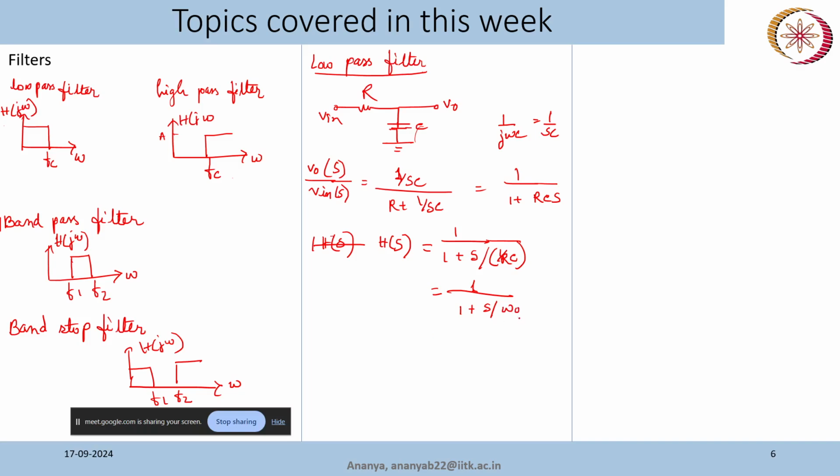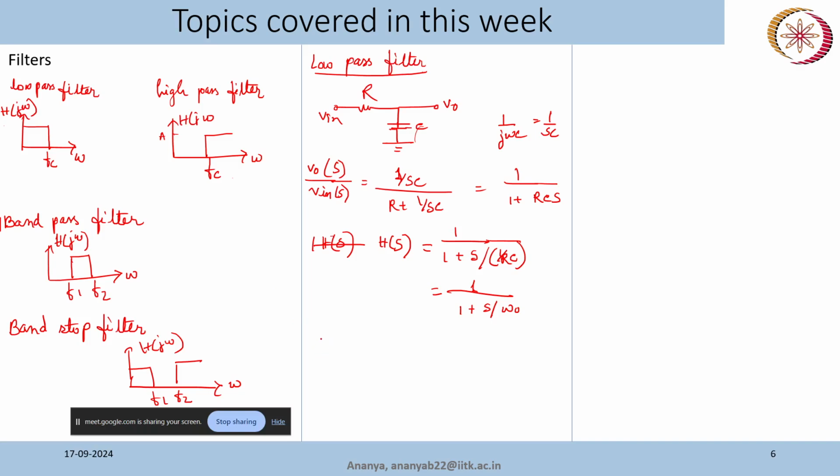Omega naught is known as pole 1 for this, because in a transfer function expression, if we make the numerator equal to 0, that gives us zeros of the transfer function. If we make the denominator equal to 0, that gives us poles of the transfer function.